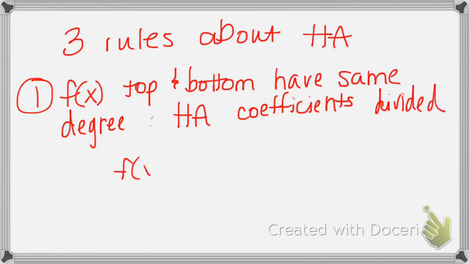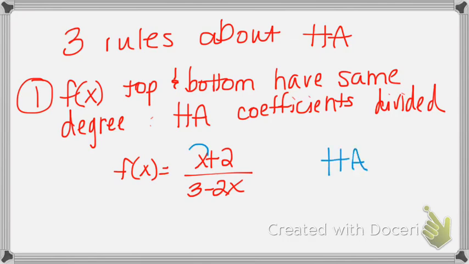So if I have f of x equals x plus 2 over 3 minus 2x, and I want to find the horizontal asymptote, I realize that the top and the bottom have the same degree because the highest power on top and bottom are the same. So for the horizontal asymptote, I just take the coefficients of those things, so a 1 and a negative 2, that means the horizontal asymptote is y equals negative a half.